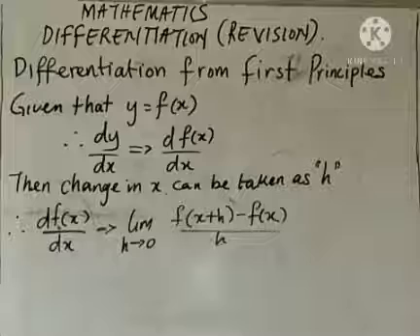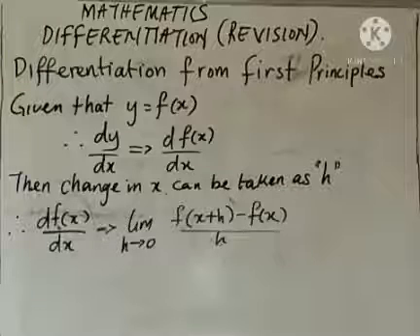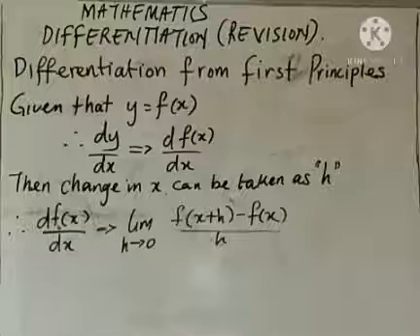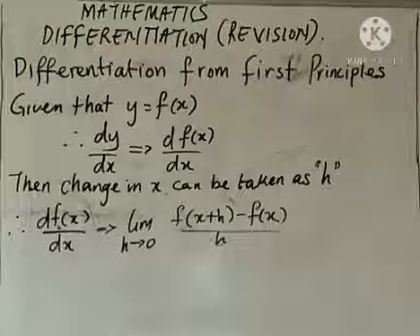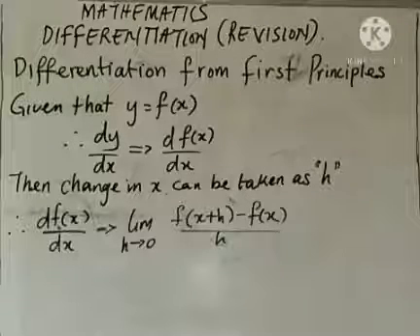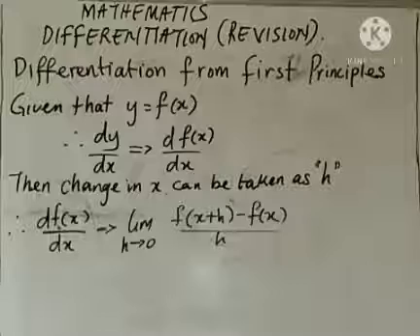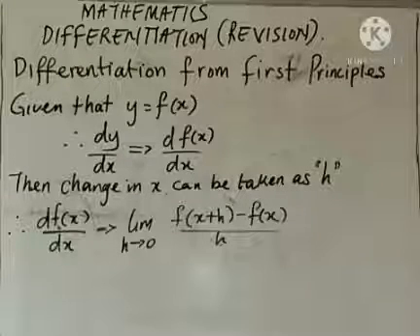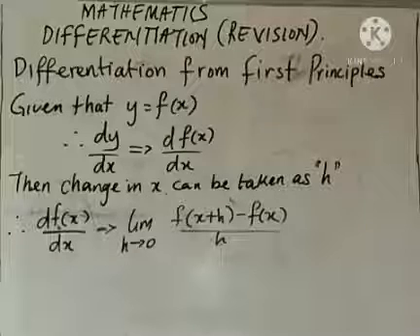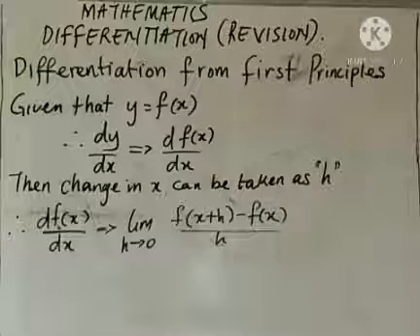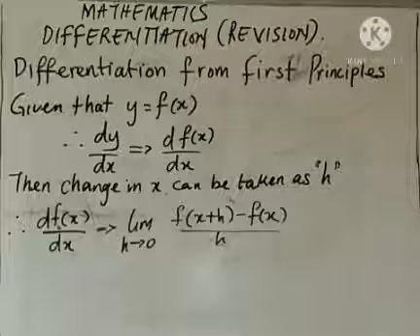Let's now consider a situation where we have the change in x. In that change in x, we say let the change in x be h. That's why I'm writing that the change in x can be taken as h. So in this case, differentiation of the function of x can be taken as f of x plus h, because there's the addition of change in x to the function of x.